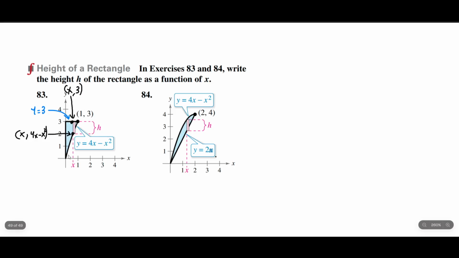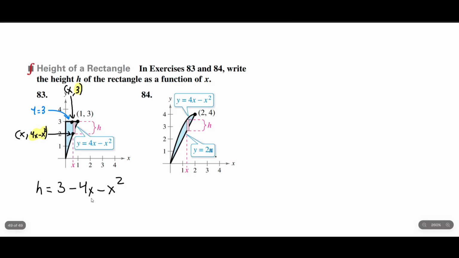So now we just need to find the distance between the y values. So that'll just be this y value minus this y value. So it'll just be h equals 3 minus (4x minus x squared). And that's our answer. Hopefully that makes sense.